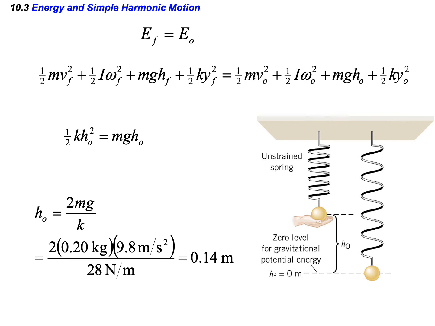Okay, this equation shows the final energy and initial energy of an object in simple harmonic motion. So you have so many terms, potential and kinetic energy, before and after, and this equation is very similar to the equations we derived before for conservation of energy, except for this term.